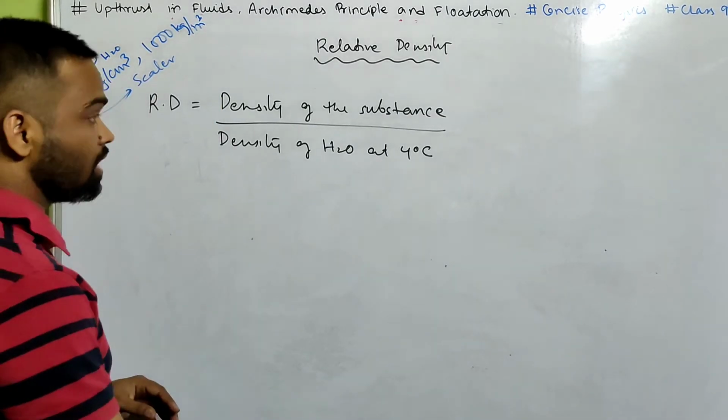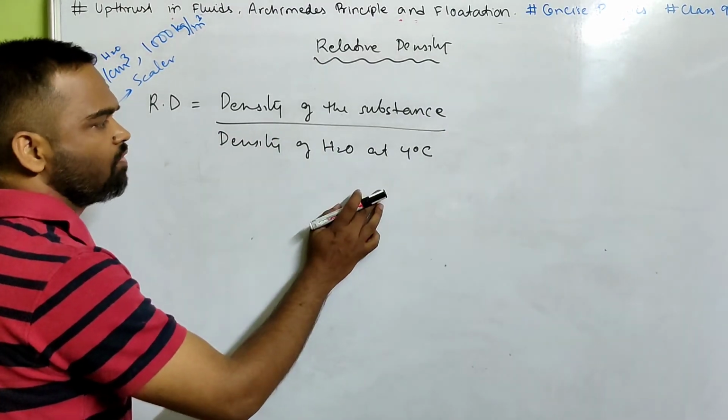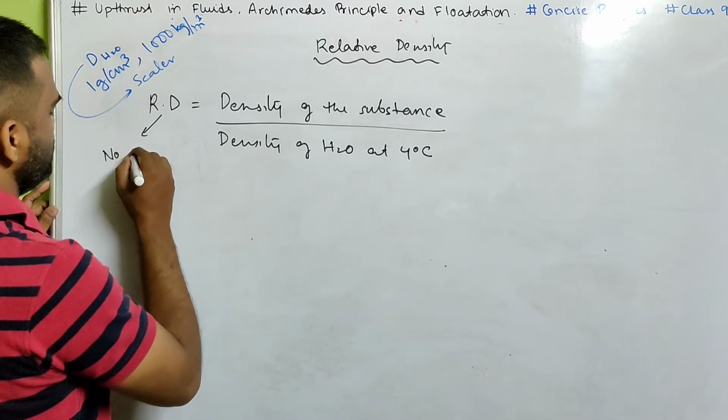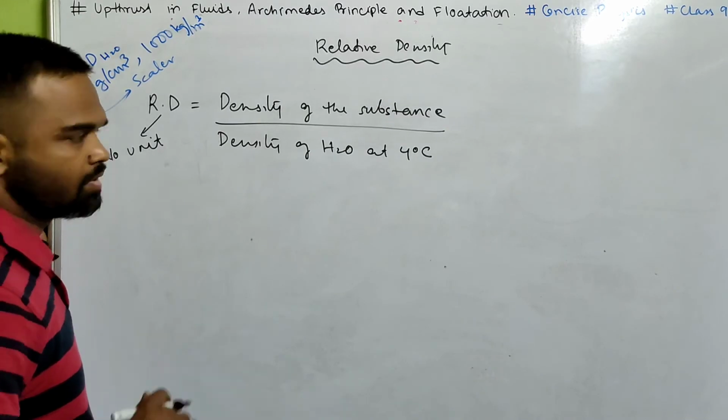Now we look at relative density. Relative density is the density of a substance divided by the density of water at 4 degrees. Of course, it's a ratio, so it does not have a unit. No unit. Okay.